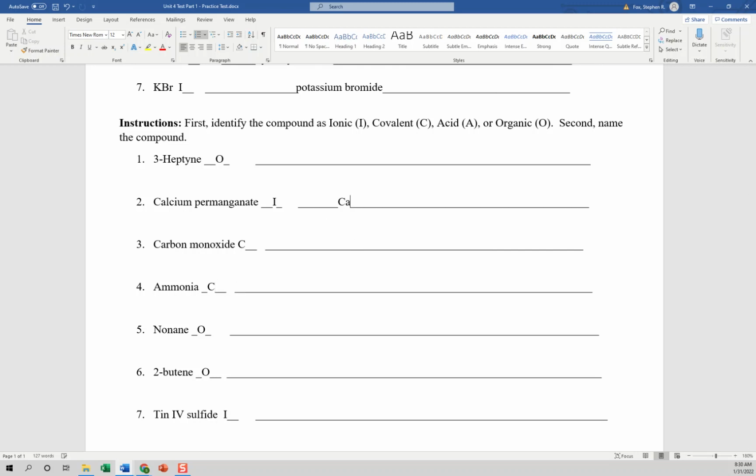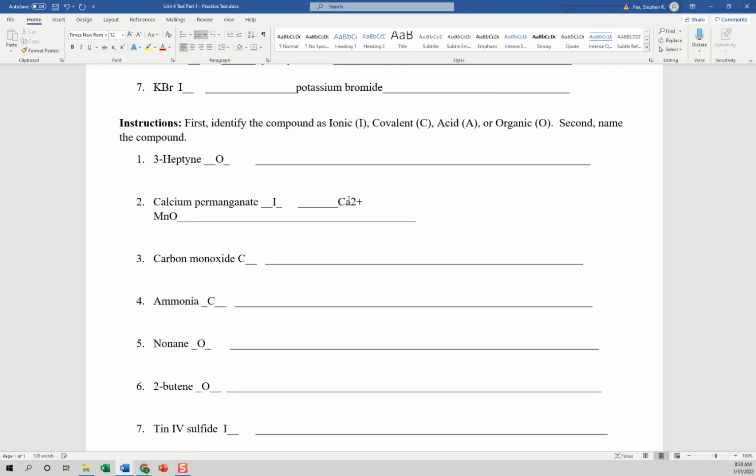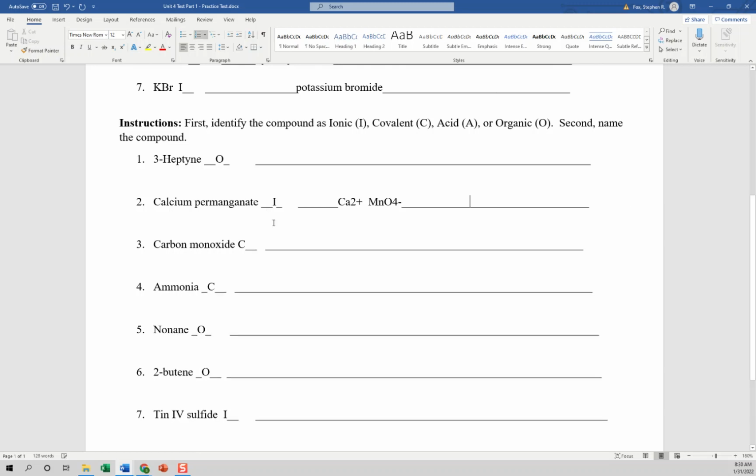So we got to know that calcium is 2+, and permanganate, we can look it up. We got our polyatomic sheet, so we can look that up. So remember, that 4 is not the charge, it's the subscript for the oxygen, and the charge is really just 1-. So we got a 2+ ion, and we got a 1- ion.